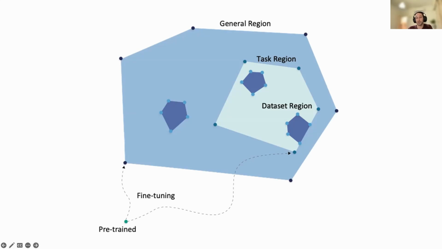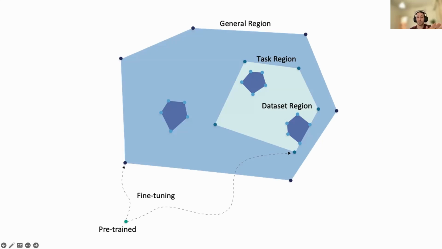Even more interesting, I would say, is that when we train on different data sets that have some similarities between them, the models also fall in similar regions in this space.